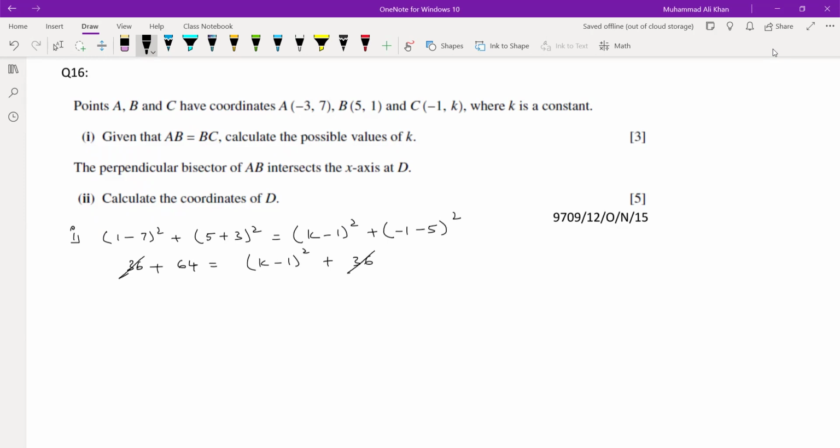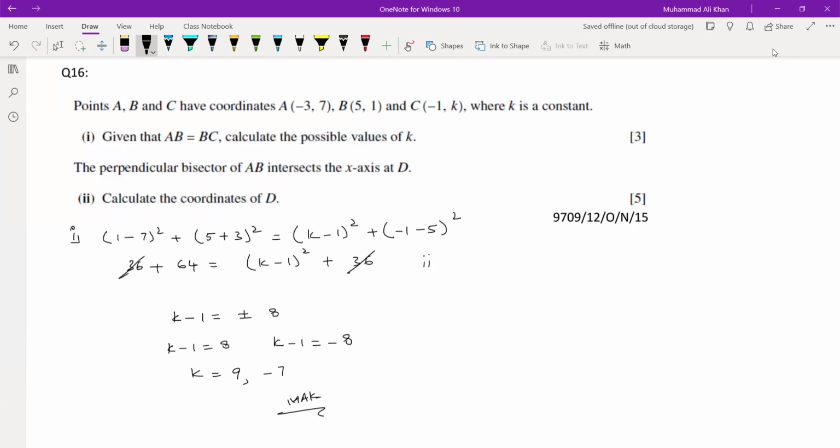Cancel out, taking under root on both sides because of the square. So k minus 1 equals plus minus 8. k minus 1 equals 8, and k minus 1 equals minus 8, and the value of k is 8 plus 1, 9, and minus 8 plus 1, minus 7. These are the values of k. Are you clear? Any confusion? Simple, by the help of the distance formula.